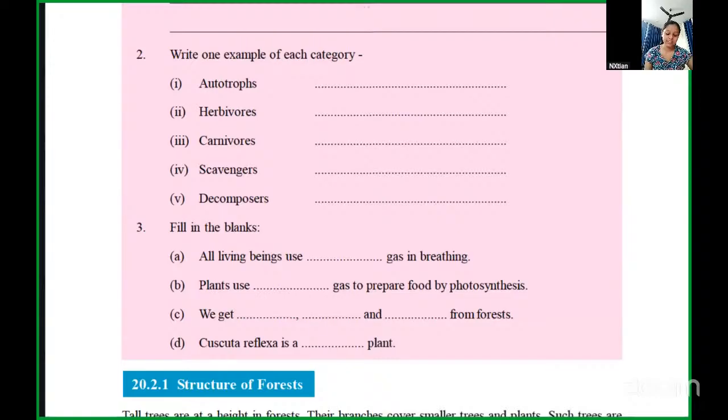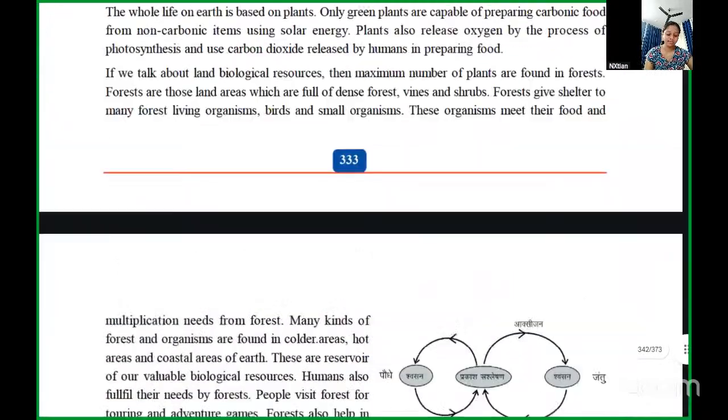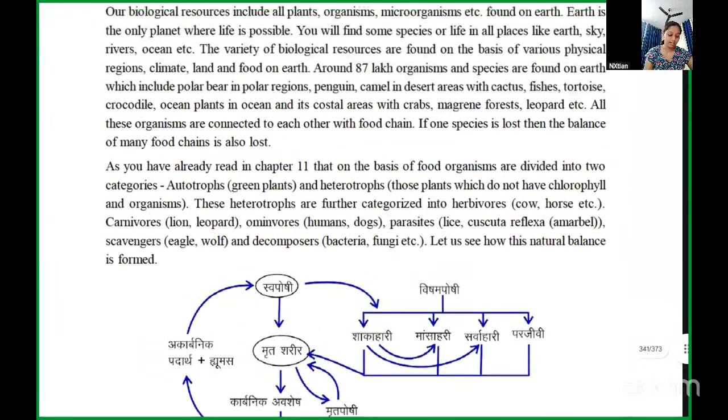Cuscuta reflexa is a dash plant. I can't remember, ma'am. Let us see. It is a parasite.